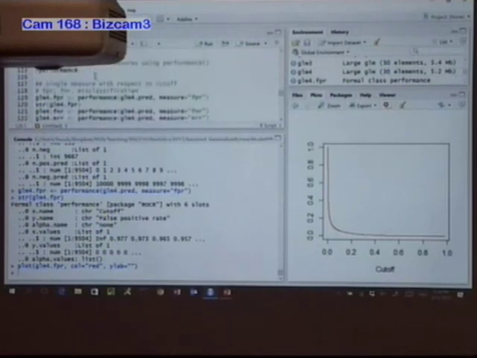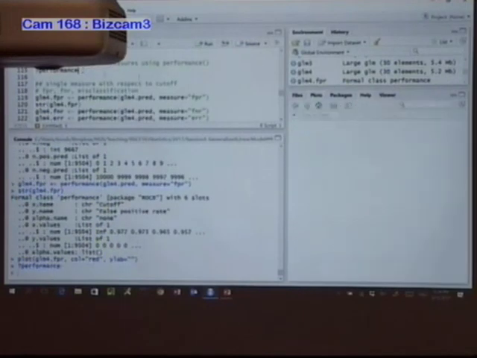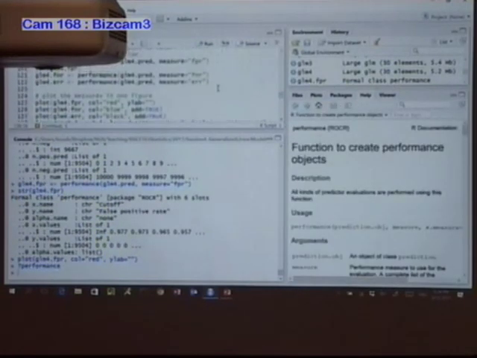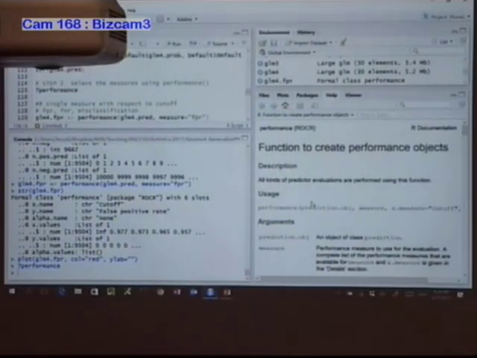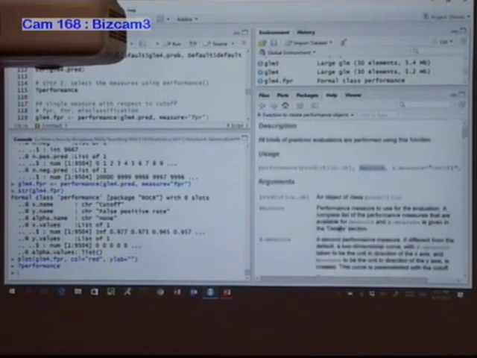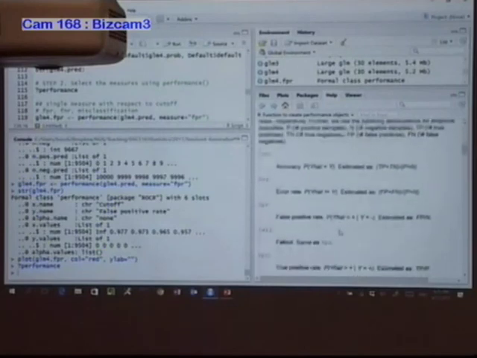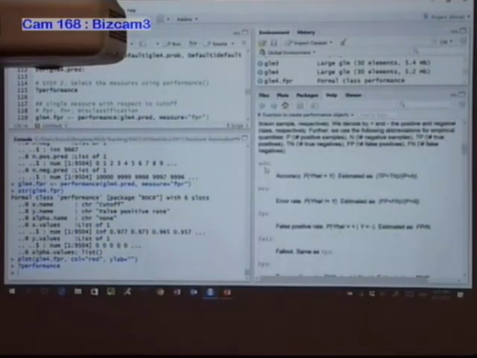So let me show you the documentation of performance. Performance is the second step. It first takes in a prediction object we just constructed, and you need to specify what measures you are interested in, because there are just too many. There's a list of measures, here with their names.